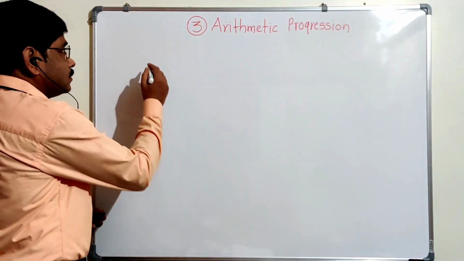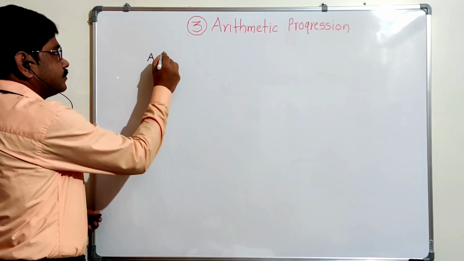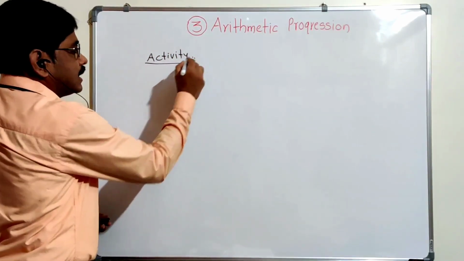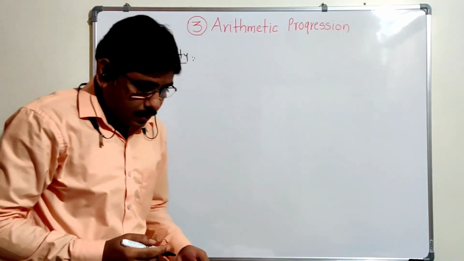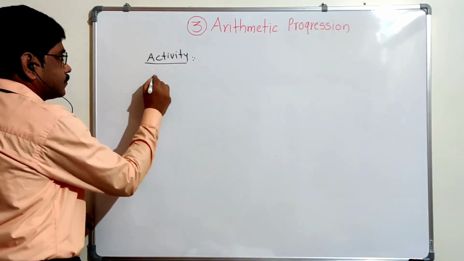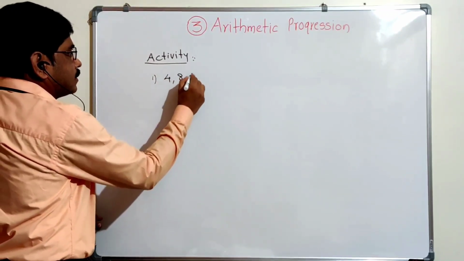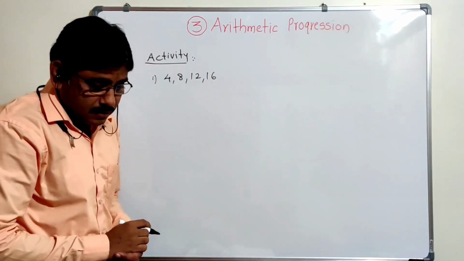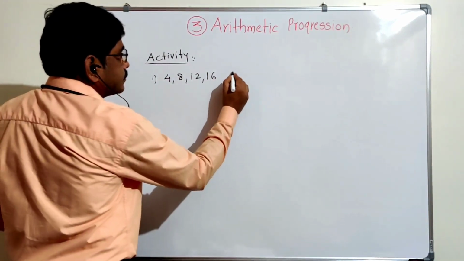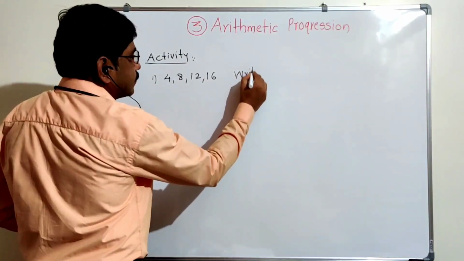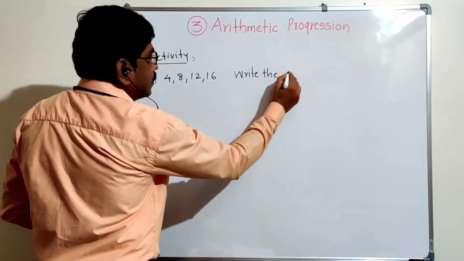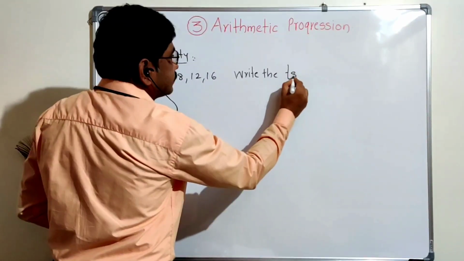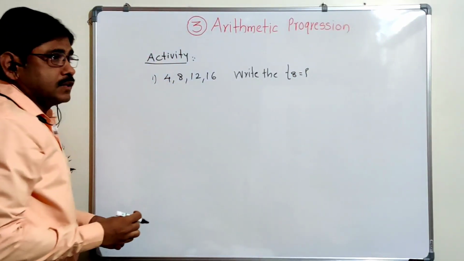Here, one activity is given. Let us see that activity. If 4, 8, 12, 16 is the sequence, then find or write the eighth term. Eighth term means T8. This is the question.